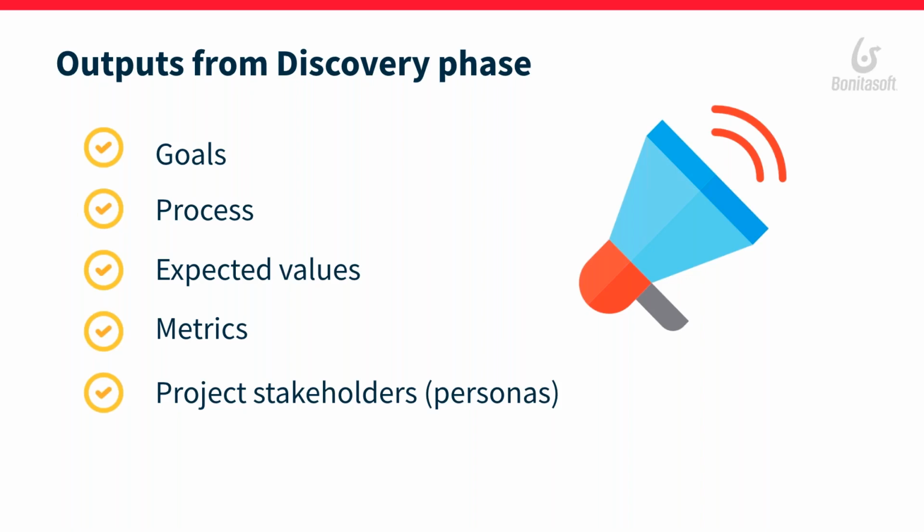Then when you have set everything, the values, you will choose metrics and you will keep them in mind in order to make sure that you can measure what you have done versus your objectives when it is in production. And last but not least, you have already defined your project stakeholders. We talked about personas.